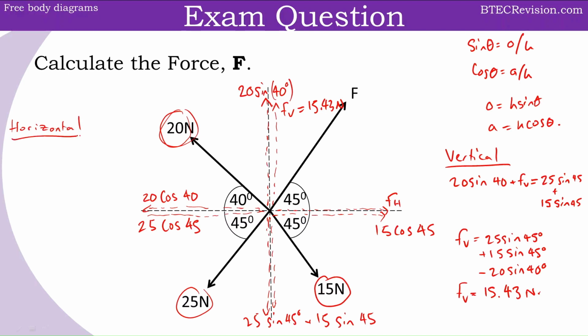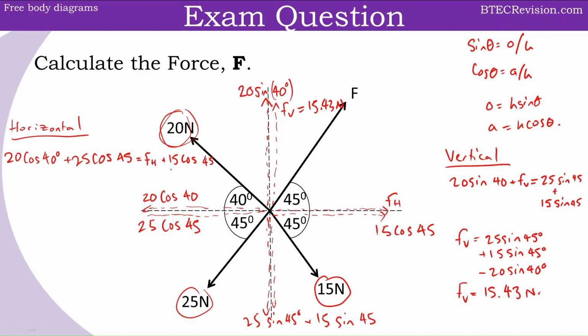and it's a similar thing here. We can see 20 cos 40 degrees plus 25 cos 45 degrees is equal to everything on the right side, which is FH, plus 15 cos 45.